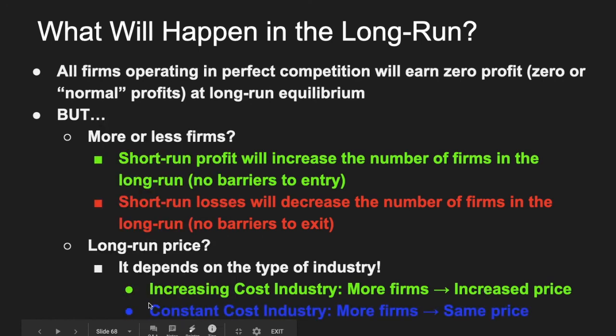Okay, if they're an increasing cost industry, as more firms enter the market, we're going to see an increased price. But in a constant cost industry, as more firms come into the market, the price is going to stay the same. So that's key. If you're dealing with a question where we have a constant cost industry, yeah, there might be short run increases or decreases in price, but in the long run, our supply is perfectly elastic, right? So that price is staying exactly the same in a constant cost industry.